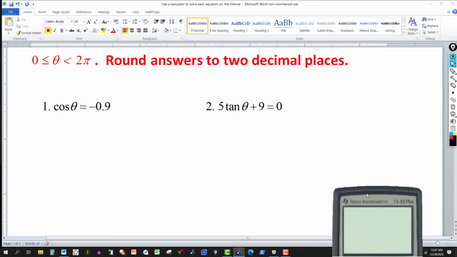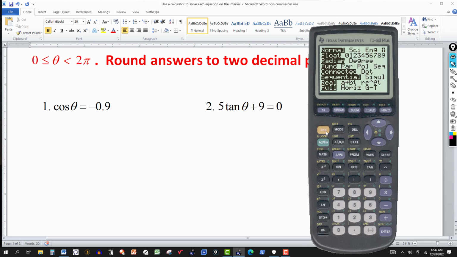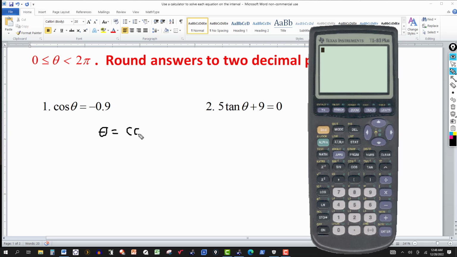Let's go back up here then. The calculator is in radian mode. For the first one, I take cosine inverse of both sides. Cosine inverse of the left side will just give me theta, and then cosine inverse of negative 0.9.